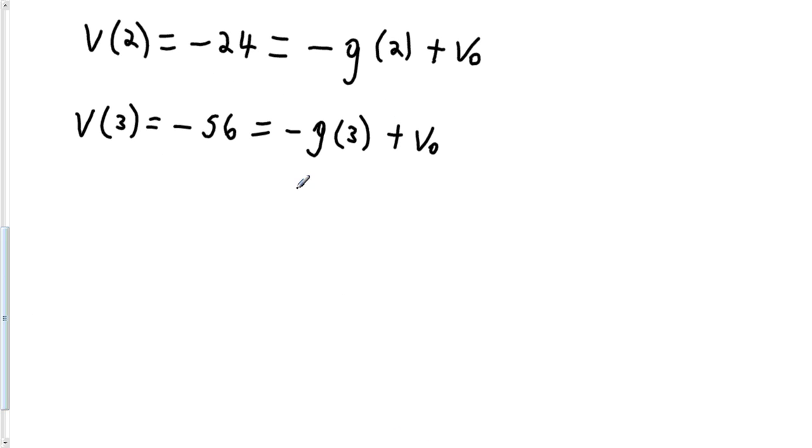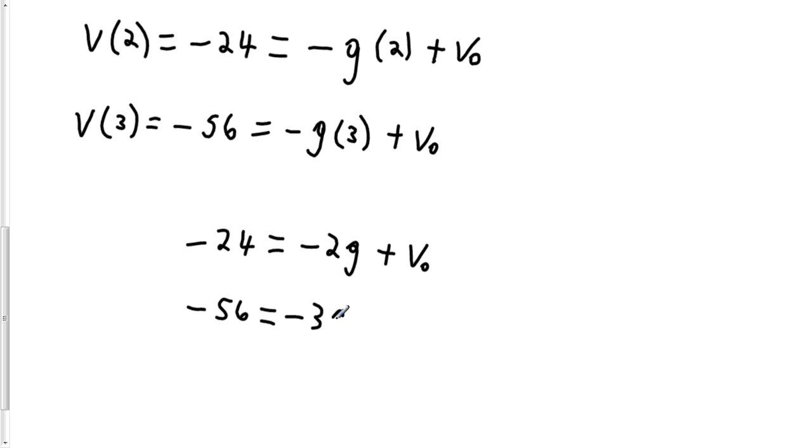So my first equation is that negative 24 is equal to negative 2g plus v naught. And then secondly, we have negative 56 is equal to negative 3g plus v naught also.